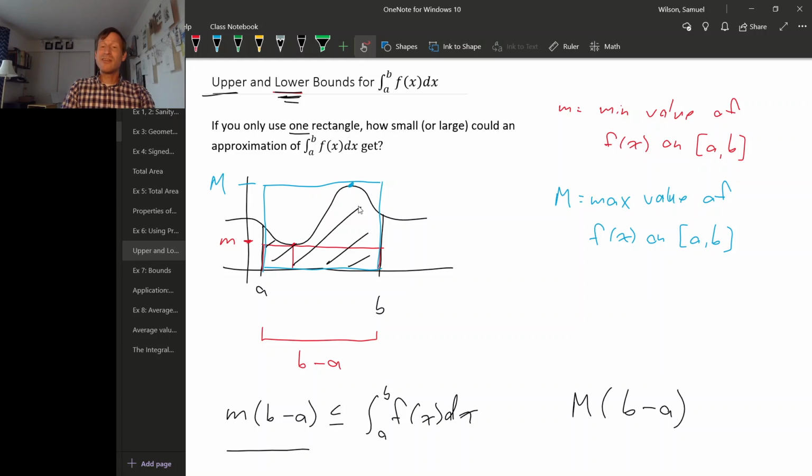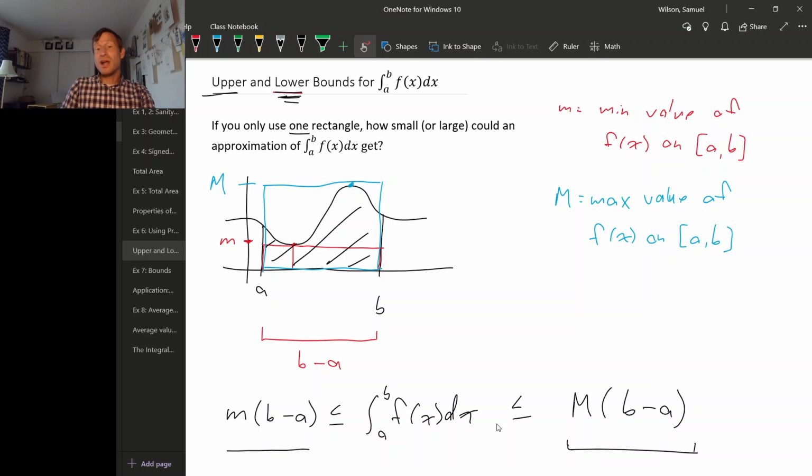But that means that the area of the black region has to be smaller than or equal to the area of the blue rectangle. So we can put a less than or equal to in here, and that makes capital M times b minus a an upper bound. The actual value of the integral has to be smaller than capital M times b minus a.